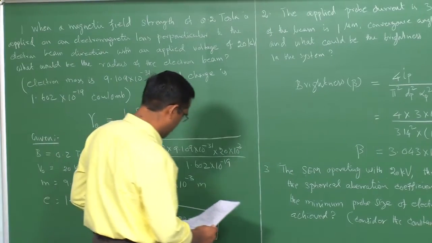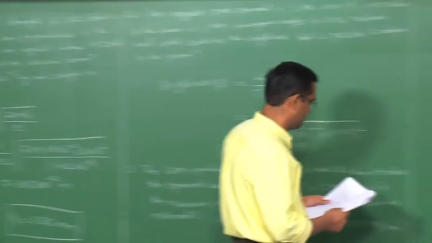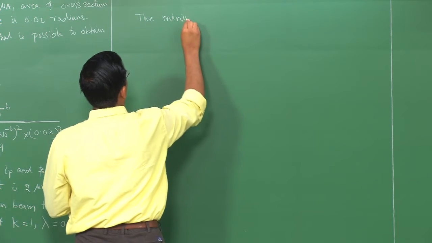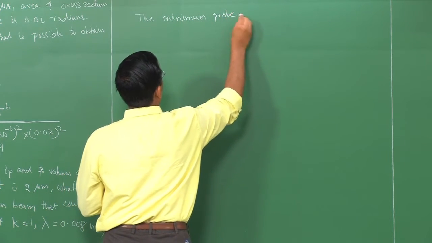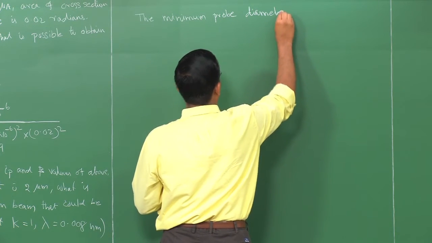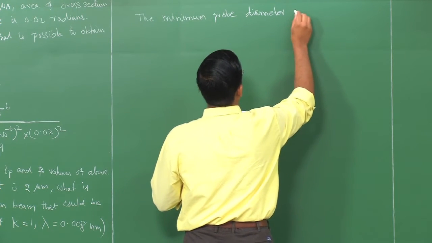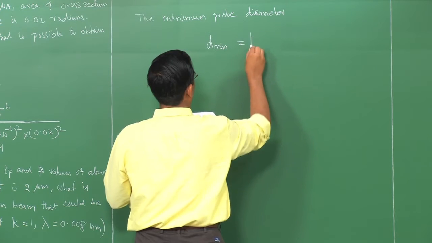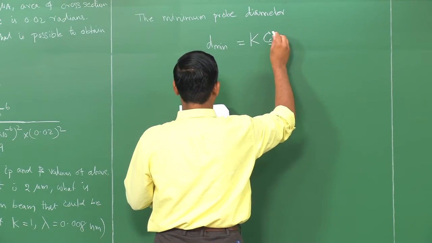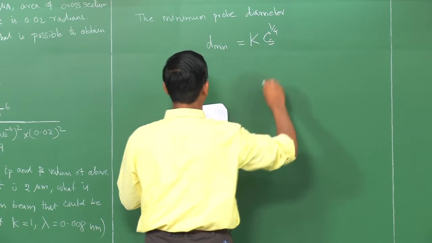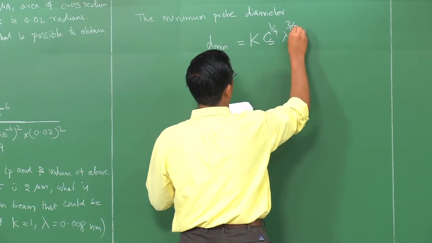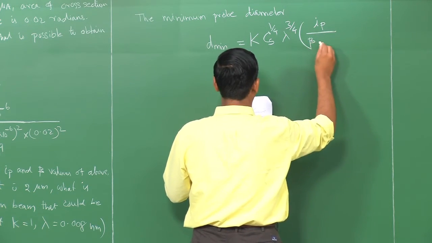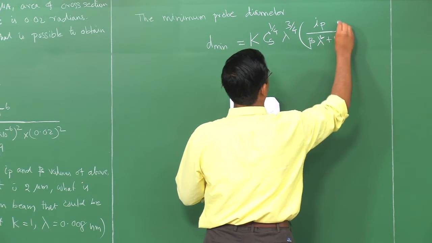If you recall the minimum probe diameter considering the aberration, d minimum is equal to k Cs to the power 1 by 4 and lambda to the power 3 by 4, times IP divided by beta lambda square plus 1, to the power 3 by 8.